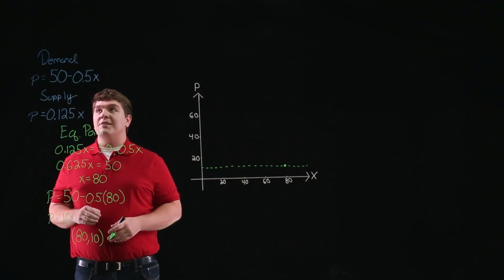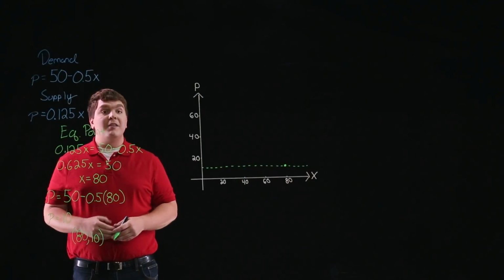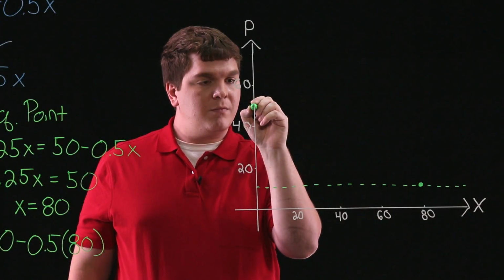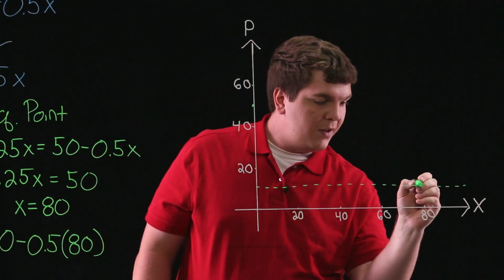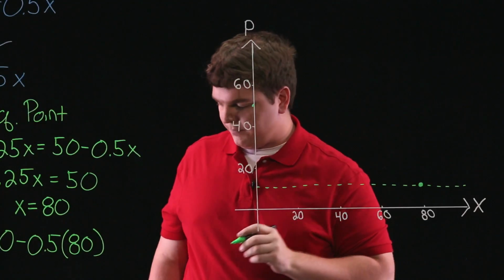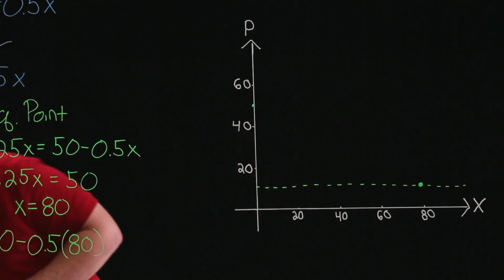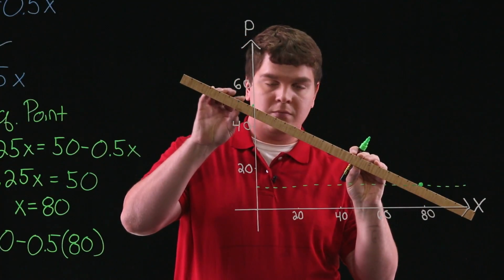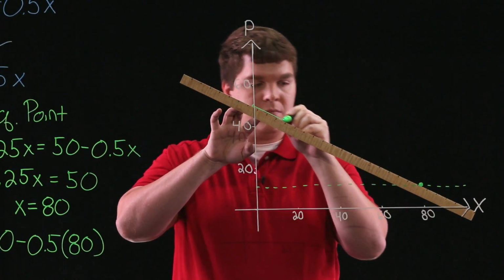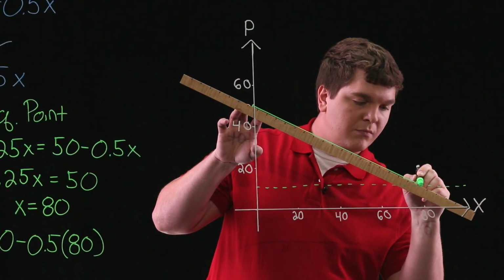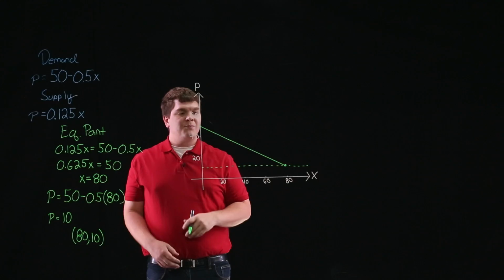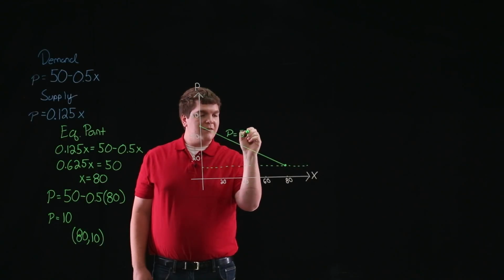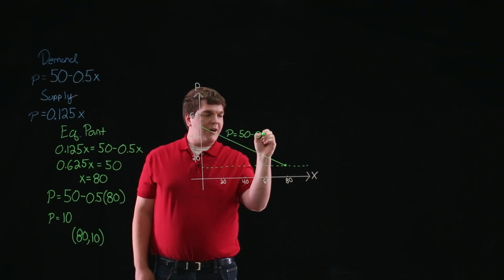So let's go ahead and graph our demand curve, which is 50 minus 0.5x. So we'll start here, and we also go through this point. And this is the line of P equals 50 minus 0.5x.